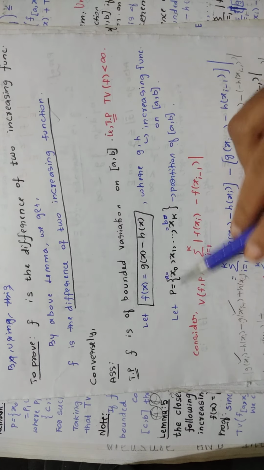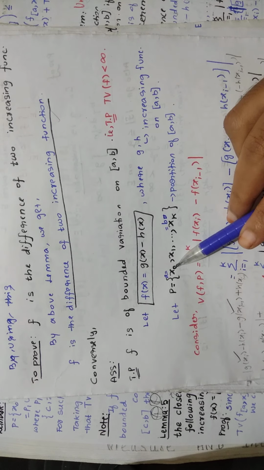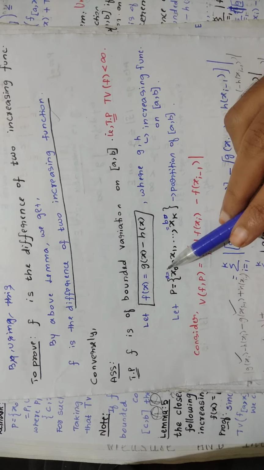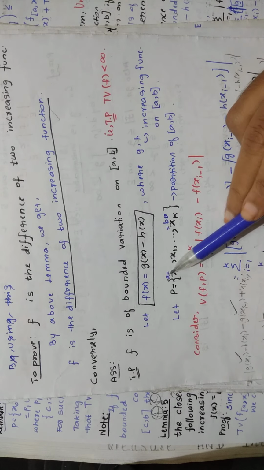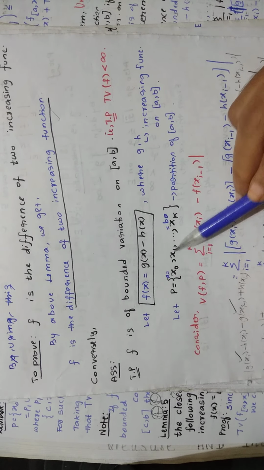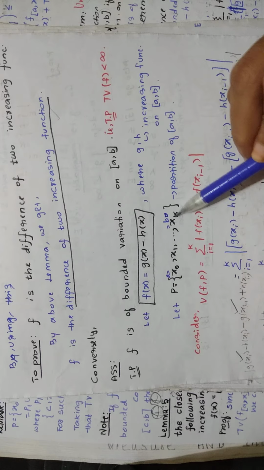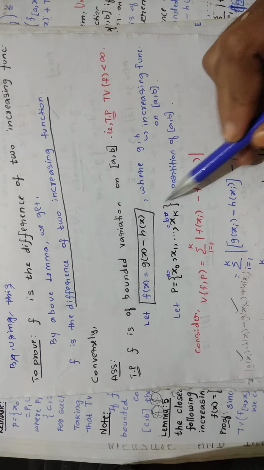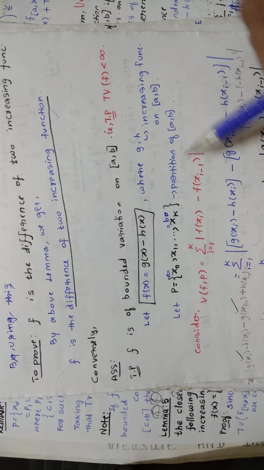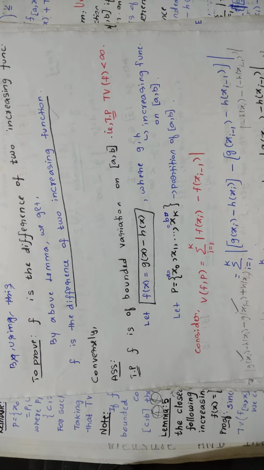P is equal to the set {a equal to x naught, x1, and so on, up to xk equal to b}. I missed writing a and b earlier, so write it properly. Then close the curly braces; P is a partition of closed interval a comma b.